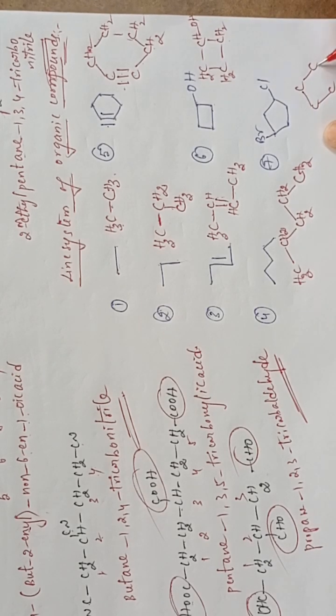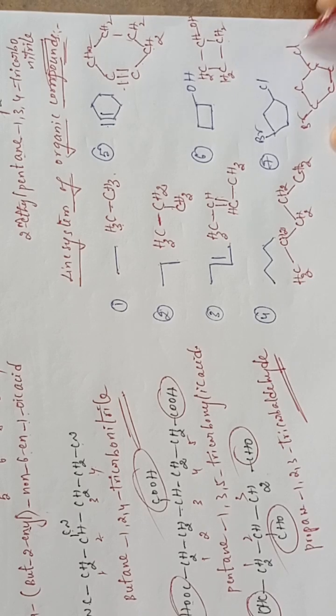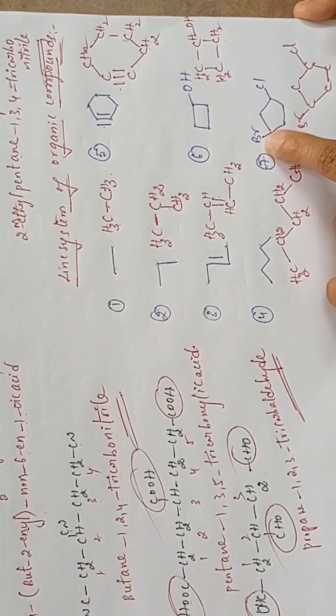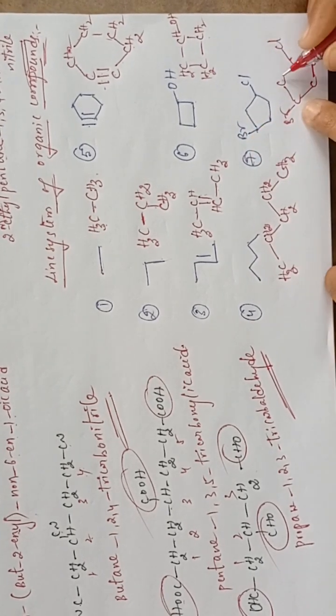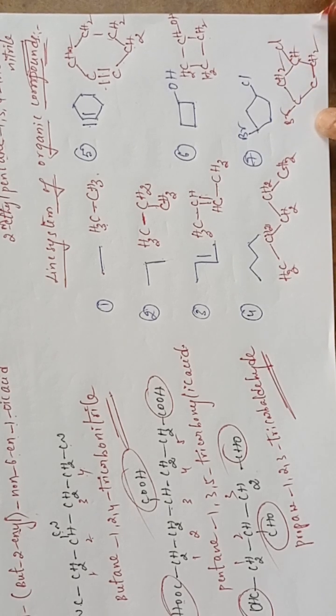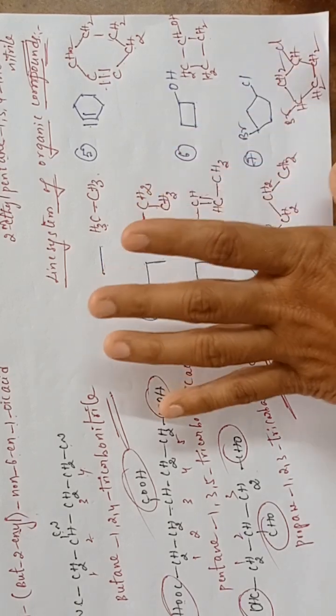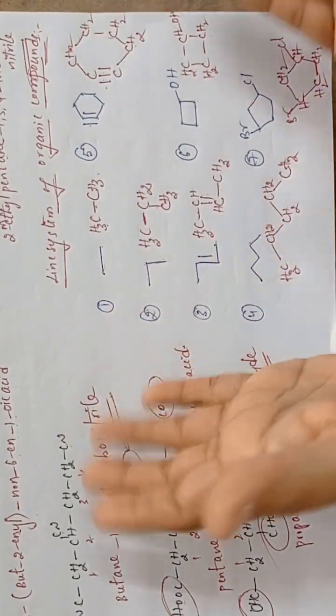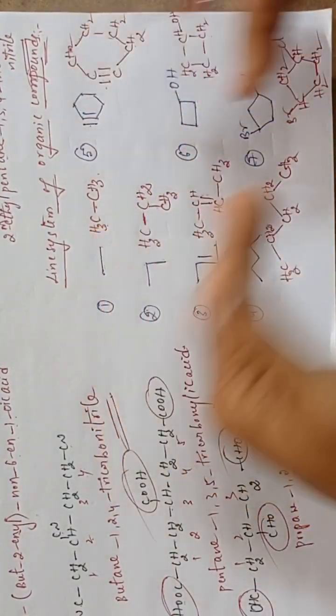Now here carbon, here bromine, here Cl. This is the compound. Clear students? Now balance here 2 bonds H2, here 3 bonds are there, H, here 2 bonds H2, H2, 3 bonds H. Clear students? So like this you have to write the organic compound in case of line systems.